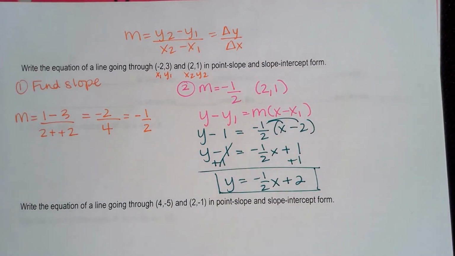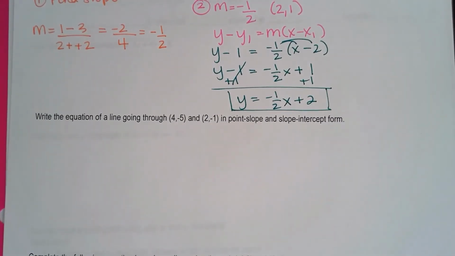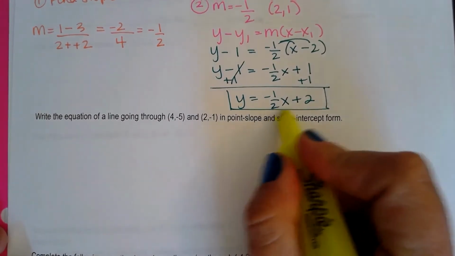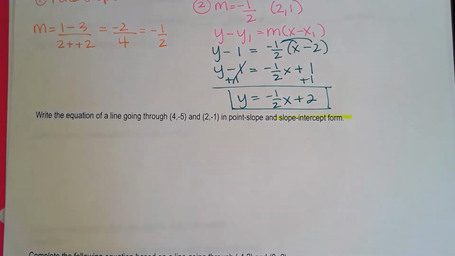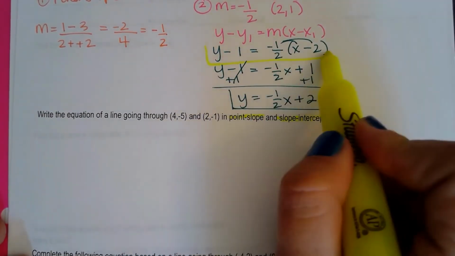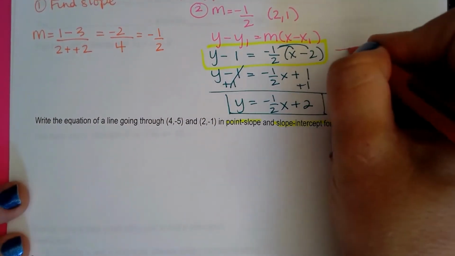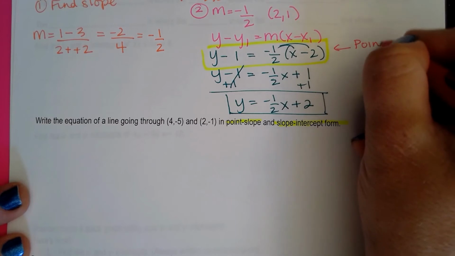Okay. All right. You guys are going to try the next one. Make sure you're going to do both, kind of like I did here. So here was it in point slope form. Okay, so this was point slope form.